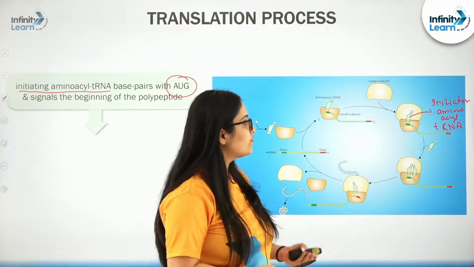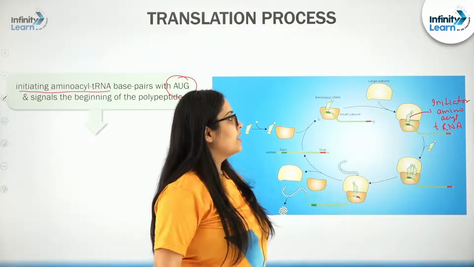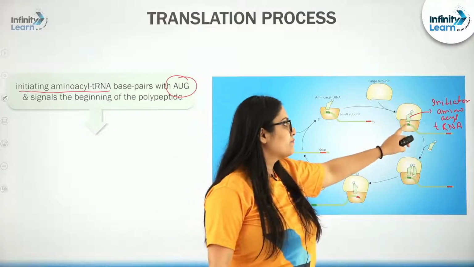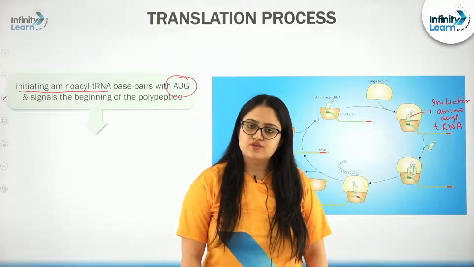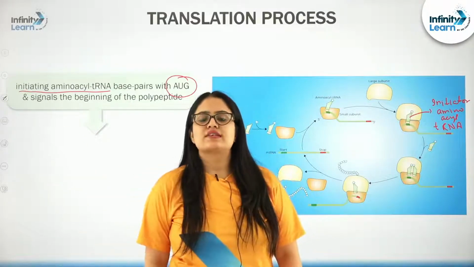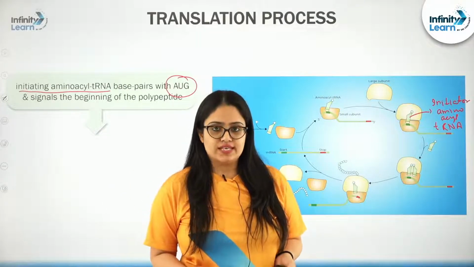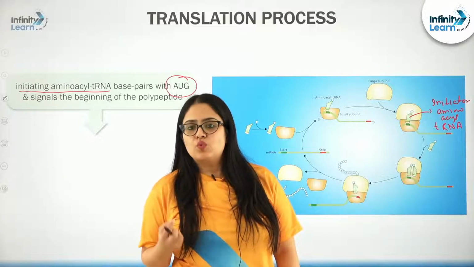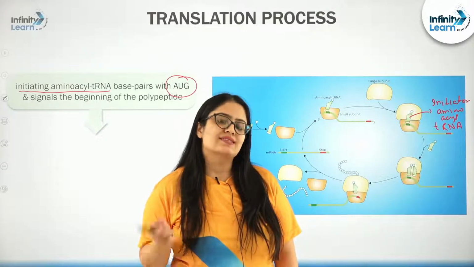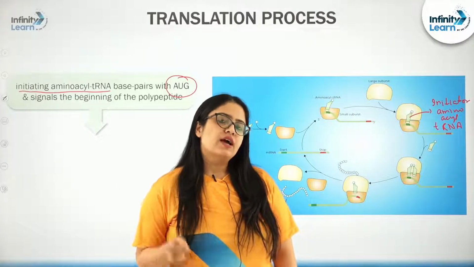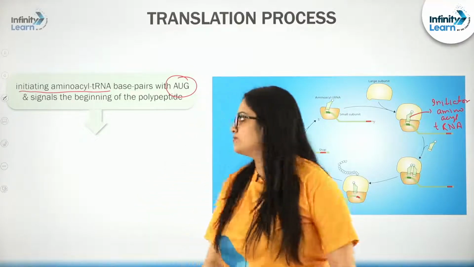Now, also note students, very important, this whole process of initiating the translation process, this binding of the aminoacyl tRNA to the start codon, and starting this translation process requires energy. Yes. So, GTP energy will be utilized, as well as there will be requirement of initiation factors, right students.